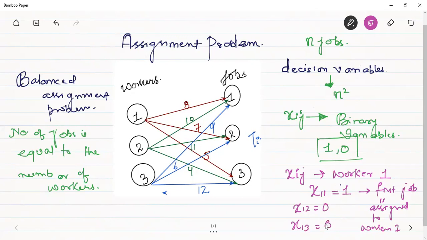Therefore it can take either the value of 1 or the value of 0. So these decision variables here are binary variables, since they can take the value of 1 or 0.